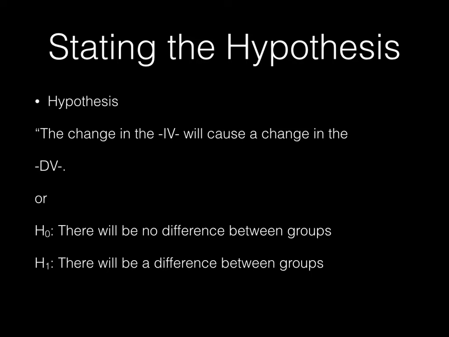So there will be no difference between the groups. And an alternative hypothesis, H1, which would say if planaria receive echinacea, then their regeneration or growth rate will be higher than the controls. That would be a situation where there would be a difference.